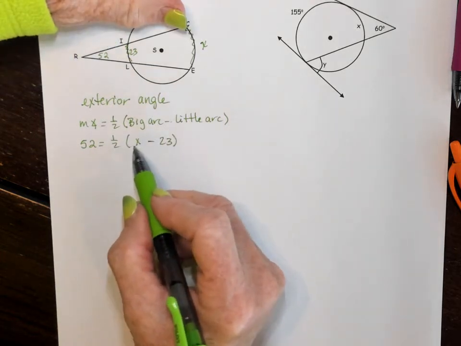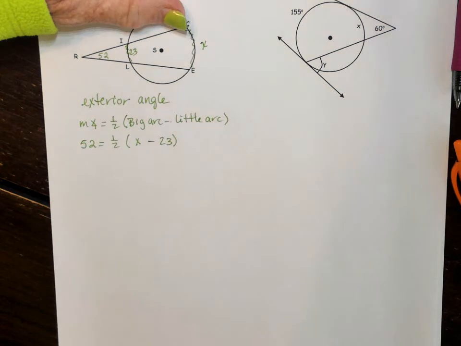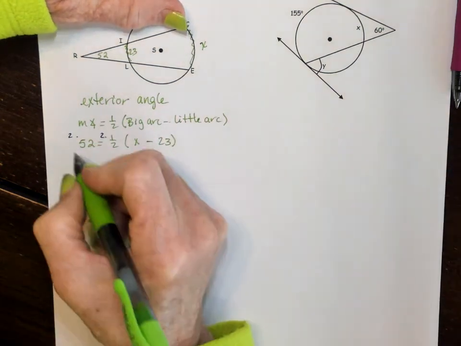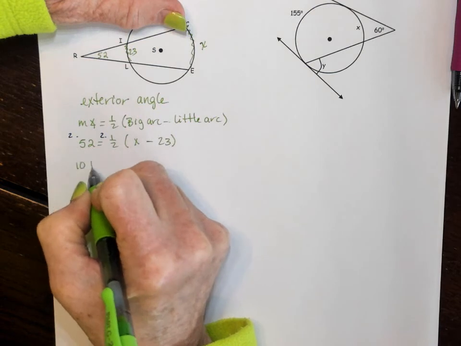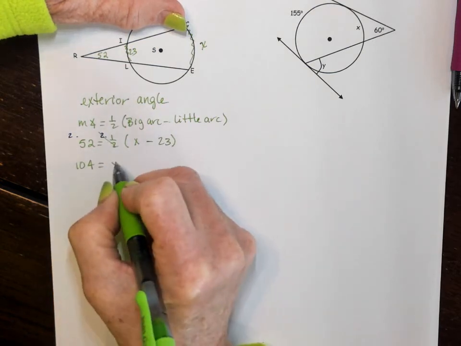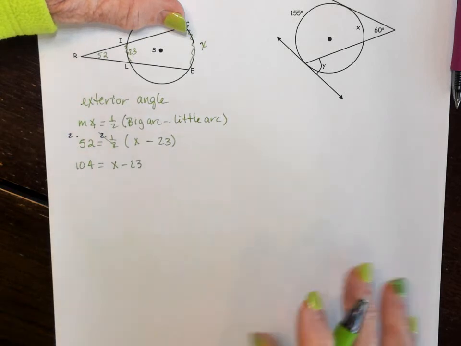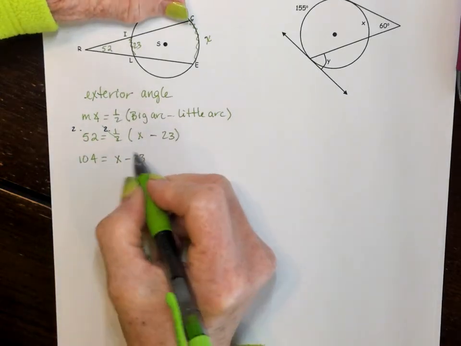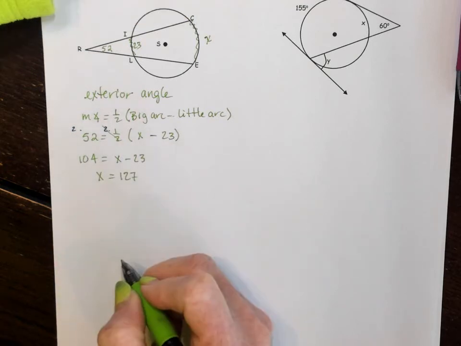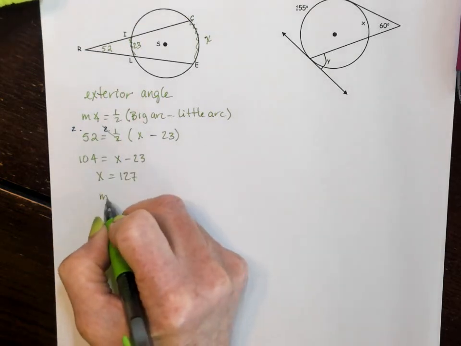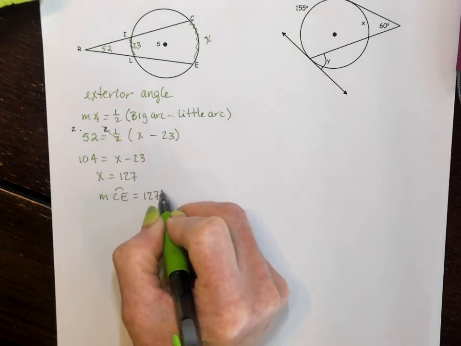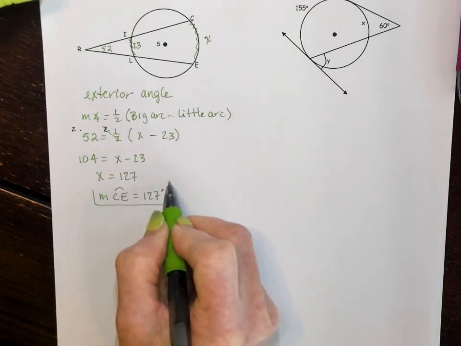Again, I don't want to distribute this half through. I'm going to go ahead and multiply by 2. 2 times 52 is 104, and here the 2 takes out this half, so that leaves us with x minus 23. Add the 23 over, and x is 127, which is exactly what we're looking for. The measure of arc CE is 127 degrees.